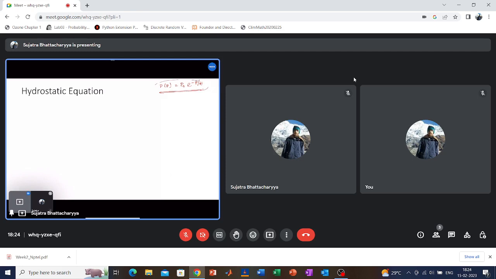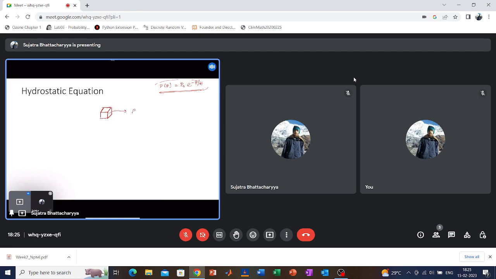But first, what is a hydrostatic equation? I will derive it with a very general approach. Starting with, I will draw a small cube. This is an air parcel, some volume of air, whose density is rho.